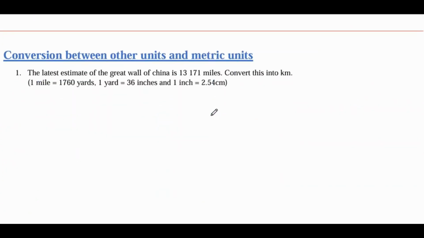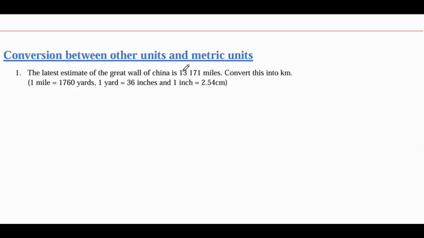Now we have conversions between metric units and other units. We have some other units like yards, miles, maybe architectural inches, which are not metric units, or they don't advance by the multiples of 10.